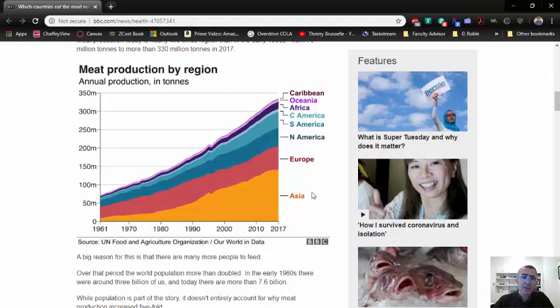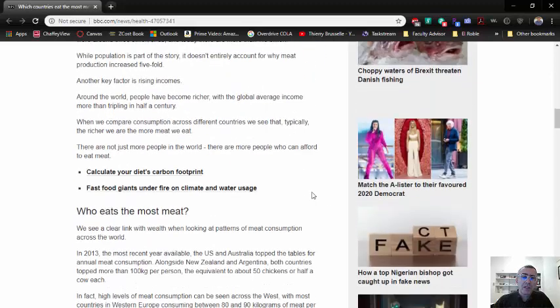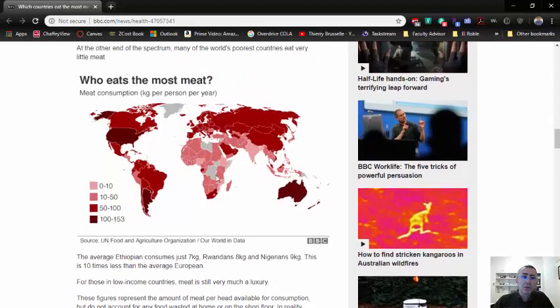So that's the first thing you want to look at. And then as we keep going, who eats the most meat? Well, as you look at these countries, meat consumption, that's kilograms per person per year. So the darker the country, the most meat, right? And so you could see that the United States definitely was at the very top there, together with Argentina and a couple other countries here.